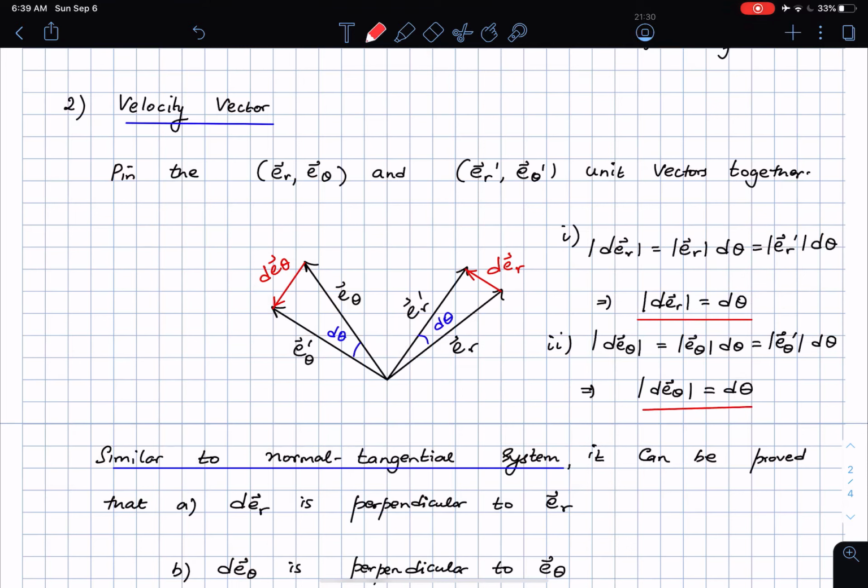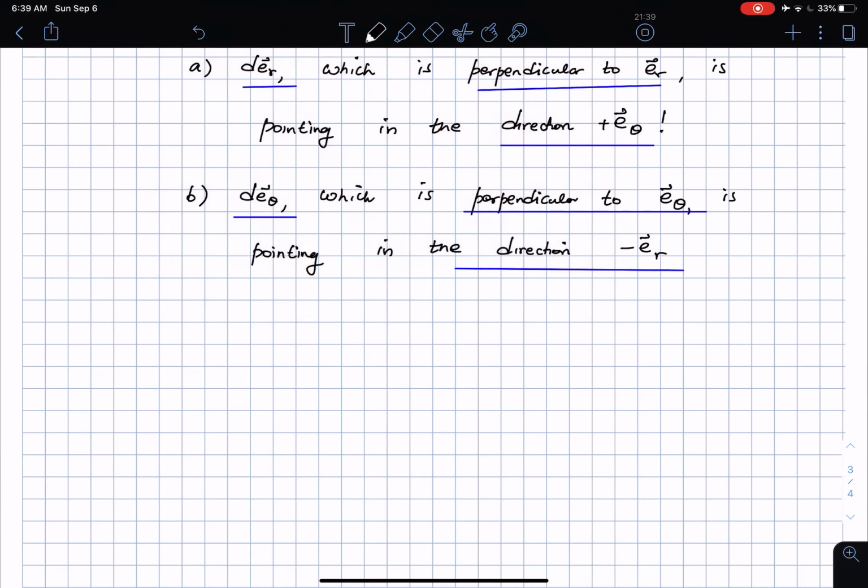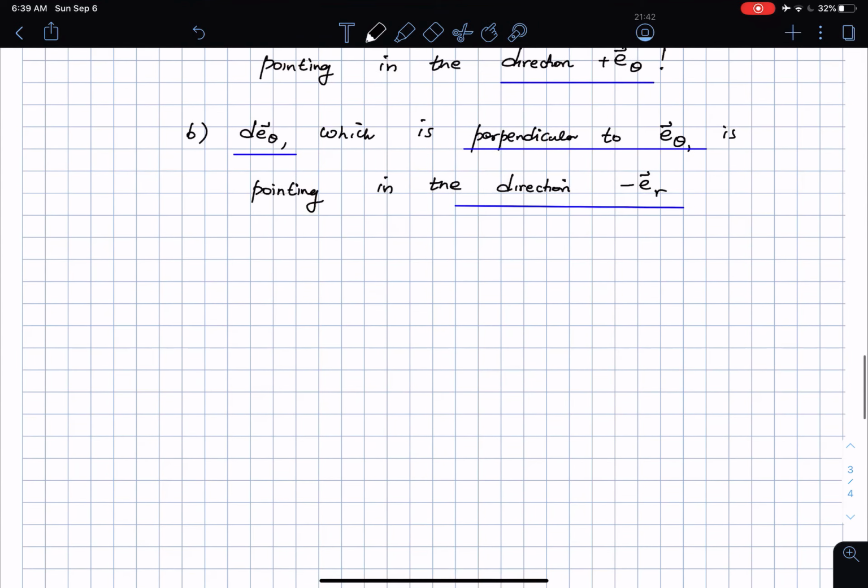Likewise, this is the magnitude. I know the magnitude, I know the direction, so here is what I'm going to do. This is my next point, and this is all even before starting to find the velocity vector, and you'll see that once I do this, then finding the velocity vector is not a huge deal. So we have dER is equal to d theta in the E theta direction, and dE theta is equal to minus d theta times ER.